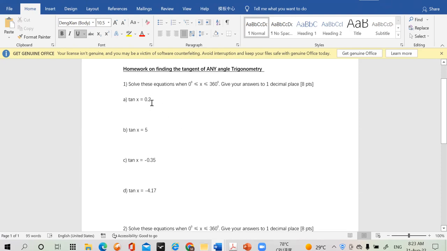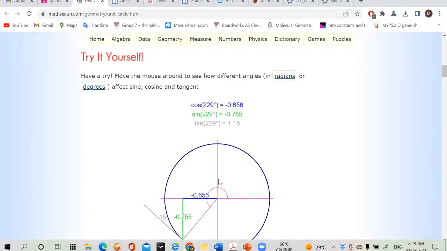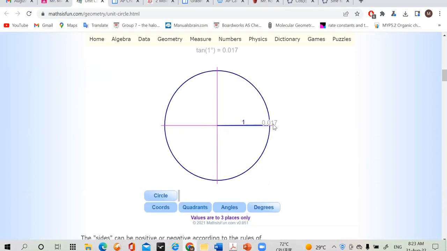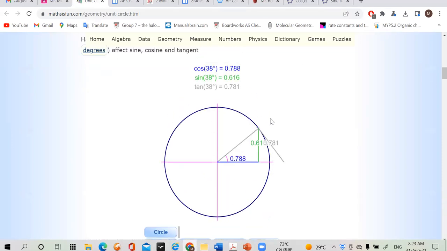Remember there is more than one answer for all of these, and use your unit circle. You have your unit circle that I gave you to help you, right? You always start at 0 here and double check what your sine, cosine, tangent values are. But remember, you have to give 2 answers for most problems because the whole unit circle takes up quadrant 1, quadrant 2, 3, and 4.